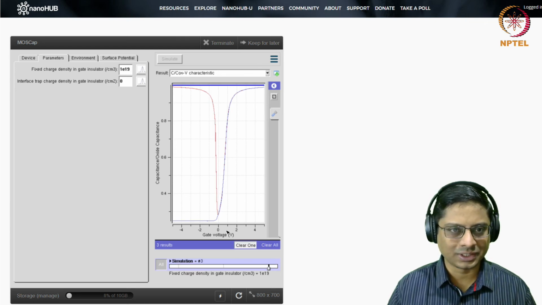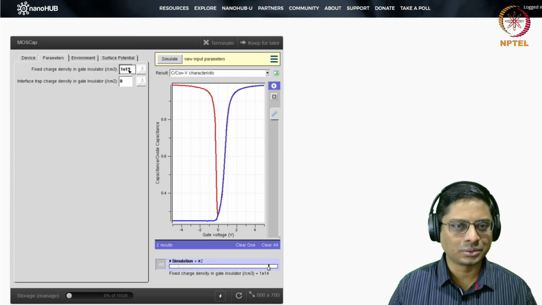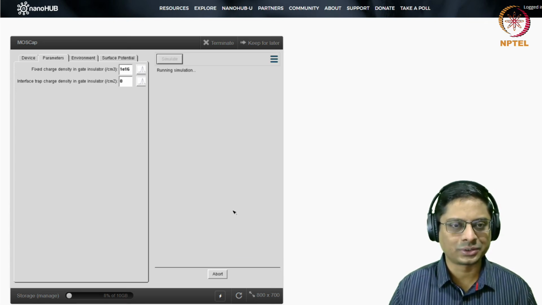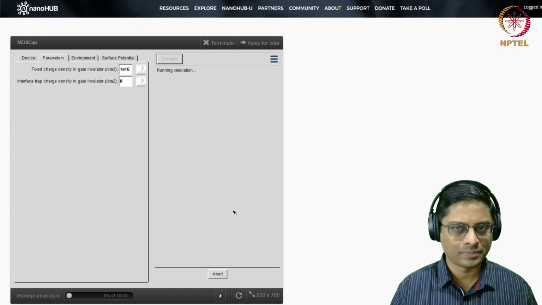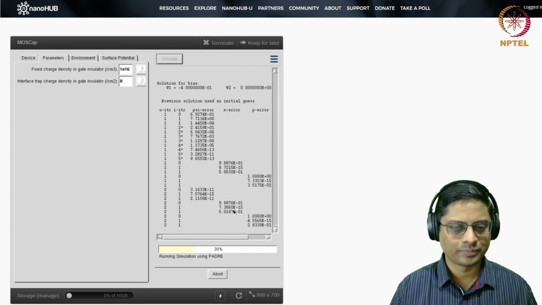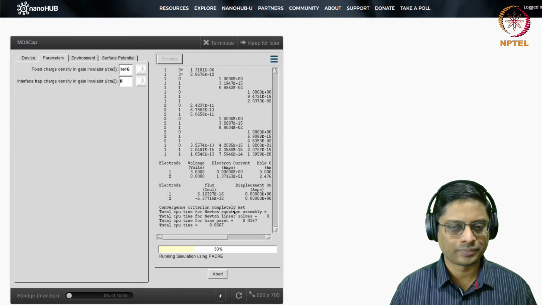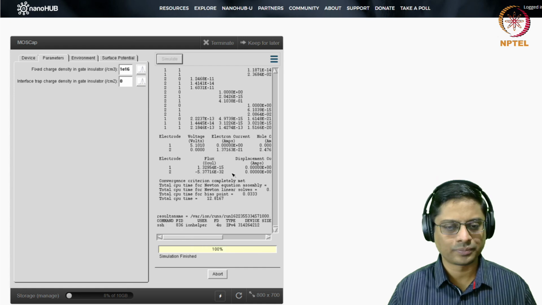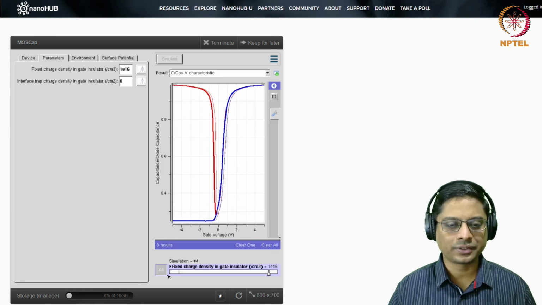So I'll clear this simulation, and now instead of 10 power 16, I'll take a smaller value. I'm not sure if this will also work. Yeah, you see?